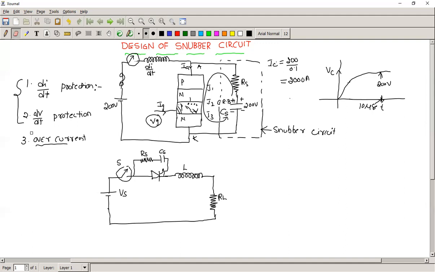Now, whenever we close the switch, the capacitor is short circuited.